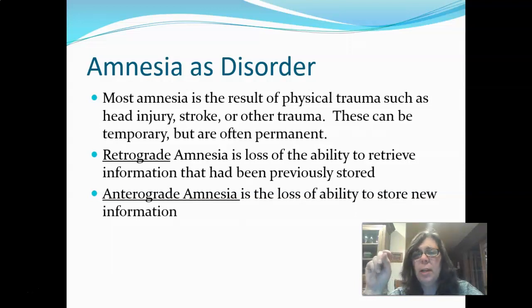And so retrograde amnesia is the loss of the ability to retrieve information from the past, information that was previously stored. Anterograde amnesia is the opposite. It is the loss of the ability to store new information. So retrograde is I used to know it and now something's happened to my brain and I no longer know it. Anterograde is that I have an injury to my brain and now that injury makes it so that I can't store new memory. I might be able to retrieve old memories if I just have an anterograde.